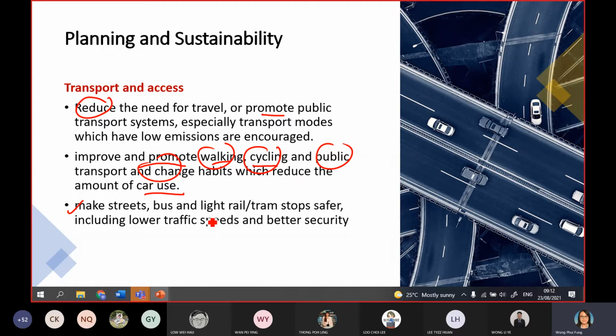So developers should make the street and bus stops safer, including lower traffic speed and better security, which means that for a walkway, they maybe can provide railing, a covered walkway, CCTV, because generally I think it is quite dangerous if you walk alone, especially at night. But if the developer can take the initiative to build a proper walkway to link the property development to the nearest public transport, that could make a difference.